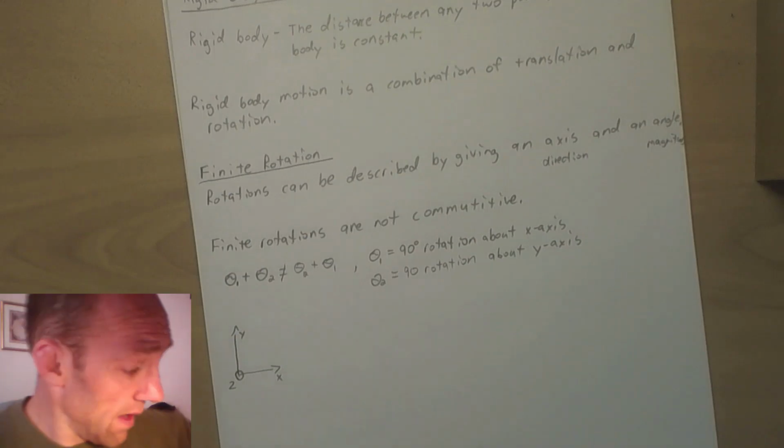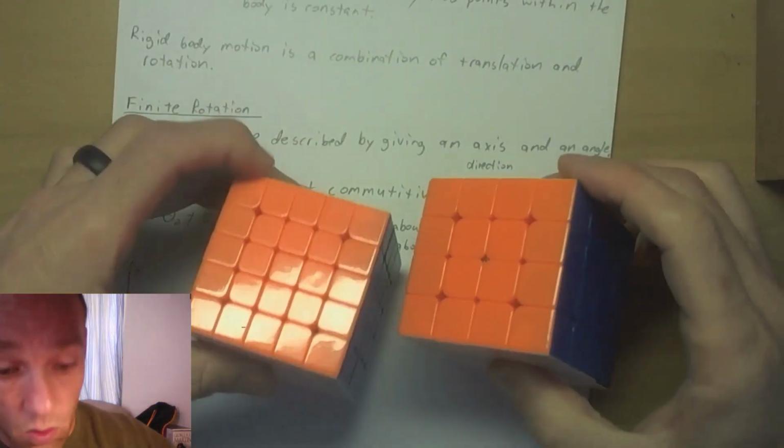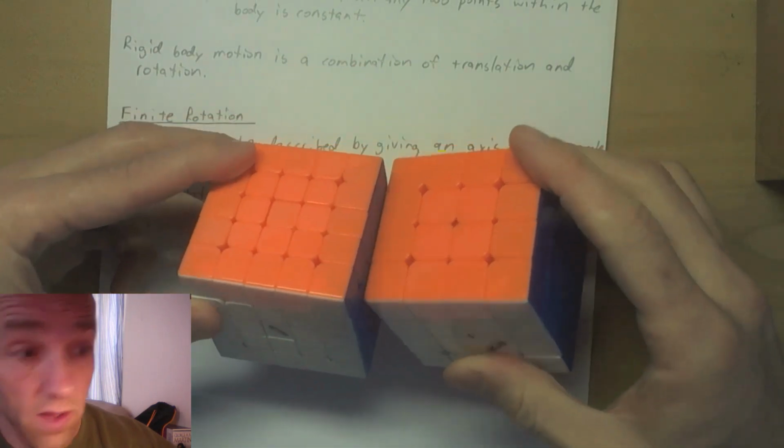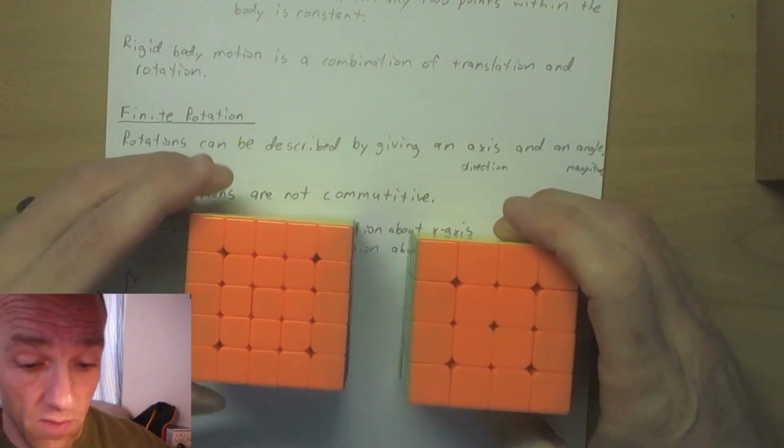Then if I have two objects oriented the same way, so these are two objects oriented the exact same way, right? So when I place them down here.